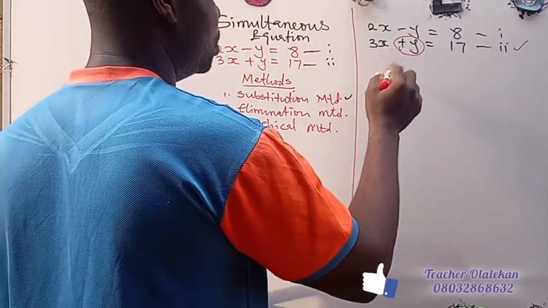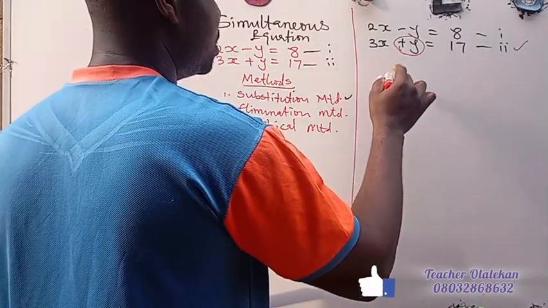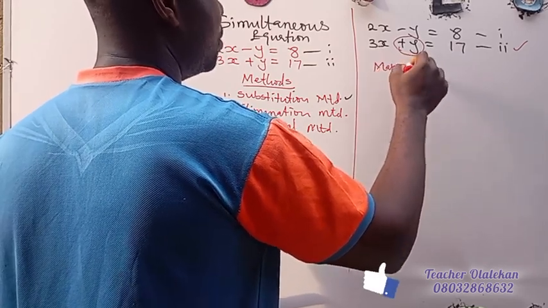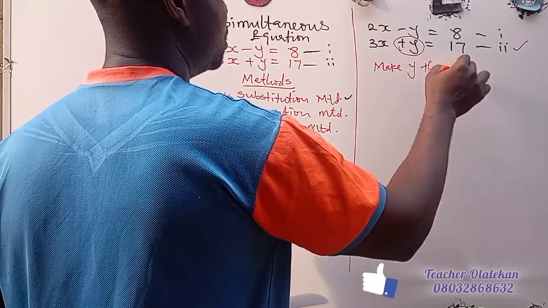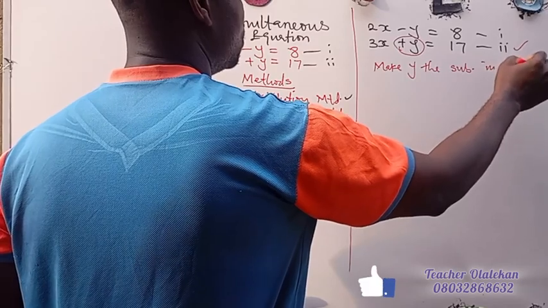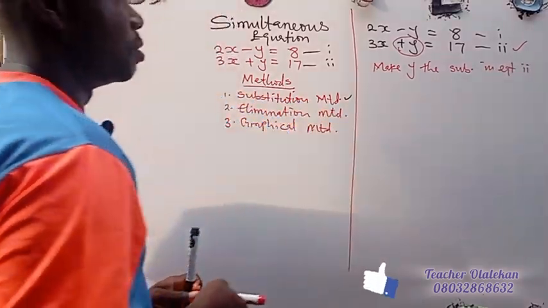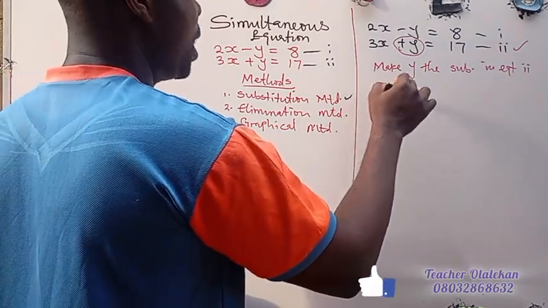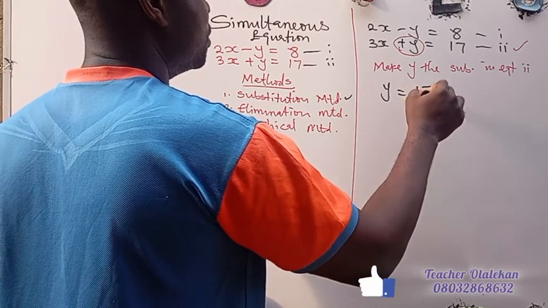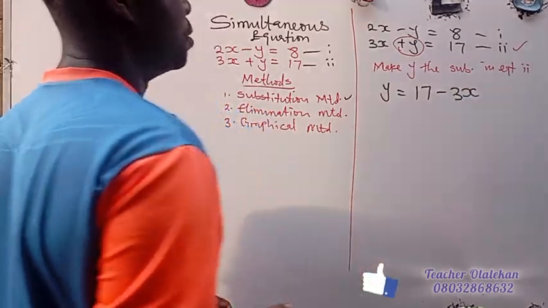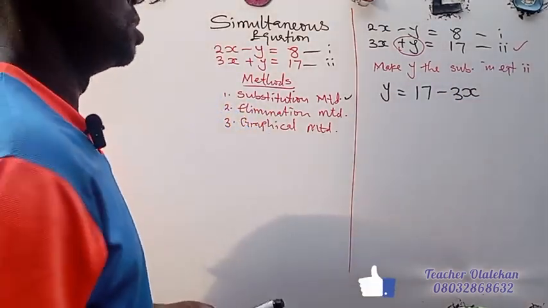So we make y the subject in equation 2. That becomes y equal to 17 minus 3x.